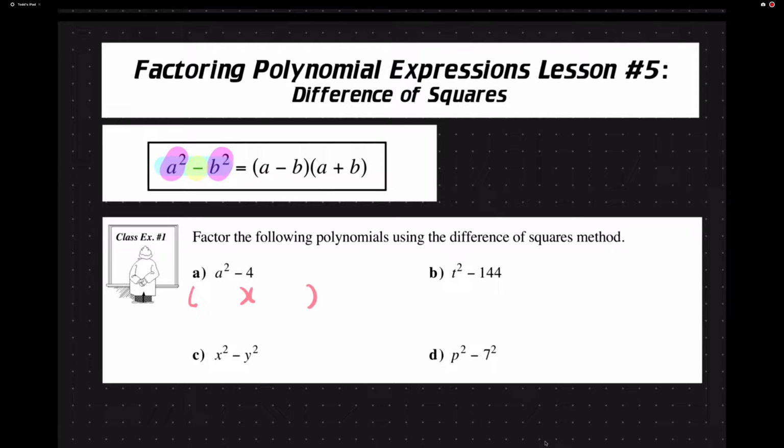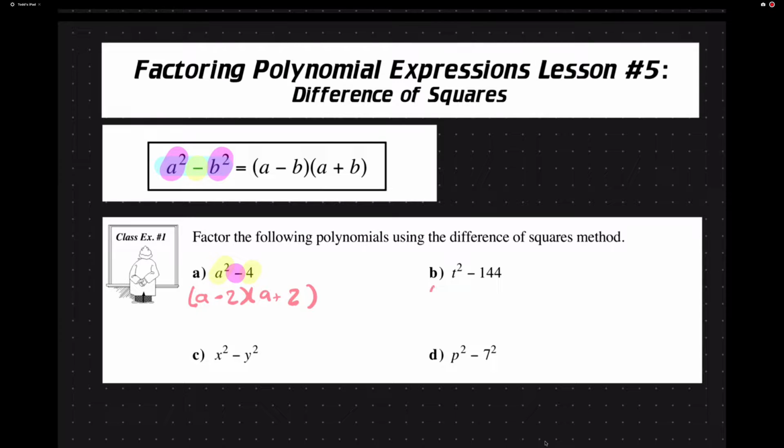Is the first term a perfect square? Yes. Is the second term a perfect square? Yes. And is it separated by a subtraction sign? Yes. So I can set it up as so: a minus and a plus, and we take the square root of 4, which is 2, and that's done.